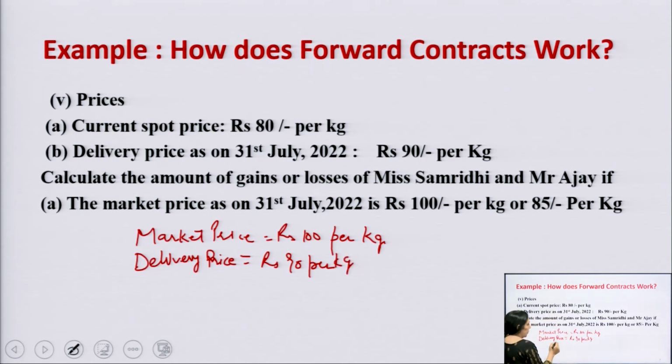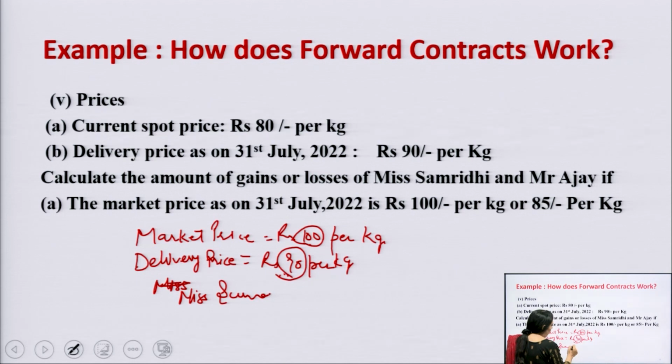Now, what happens? Delivery price is 90 and the market price is 100. Here the spot price is more as compared to the delivery price. Here Ms. Samriddhi will gain.